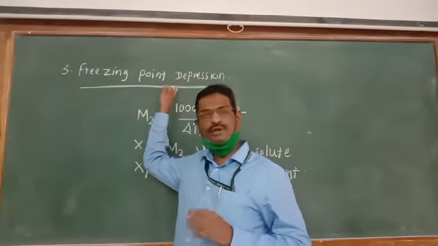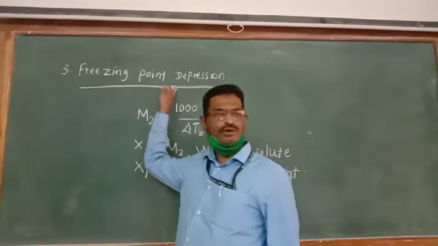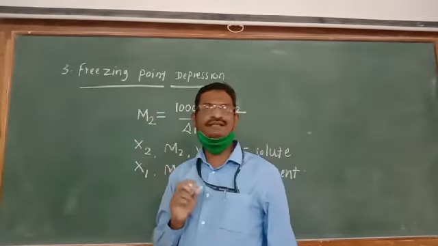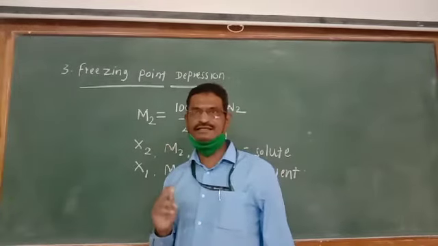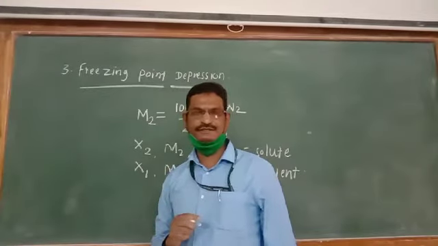And this depression is the opposite of elevation of boiling point. It means that whenever we add a non-volatile, non-electrolyte solute to the solvent, the freezing point of the solvent decreases. There is a decrease in the freezing point of the solvent.